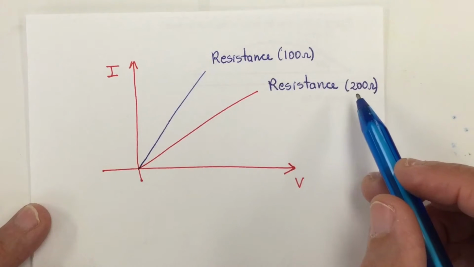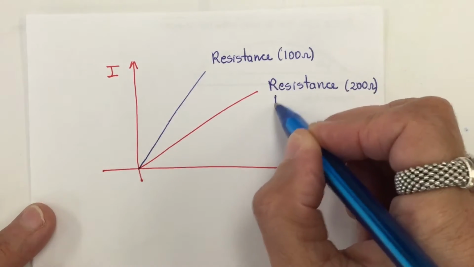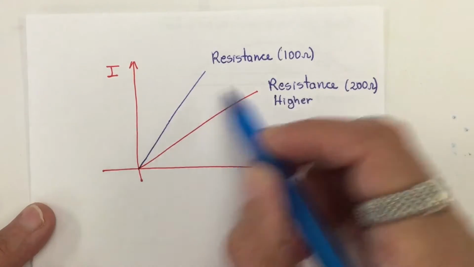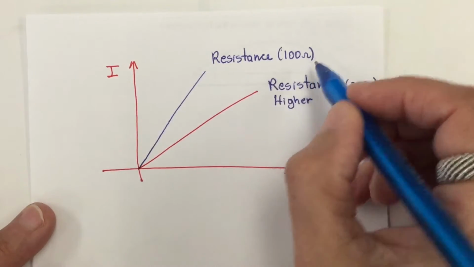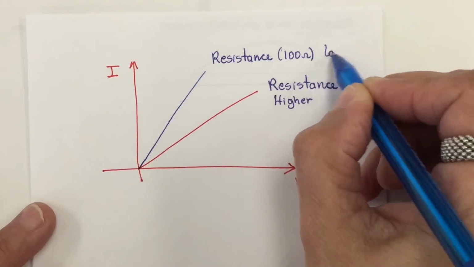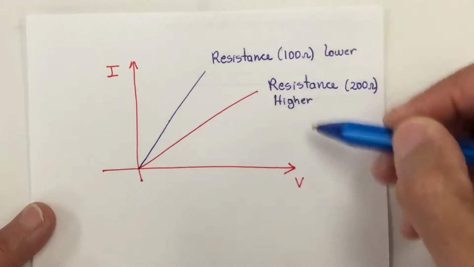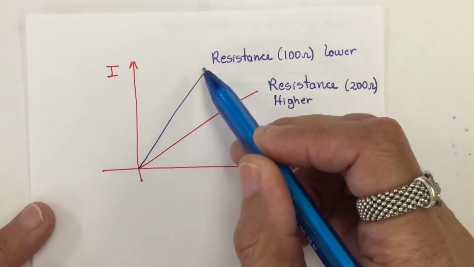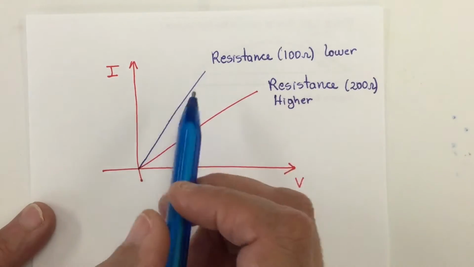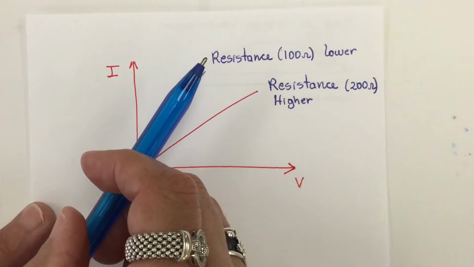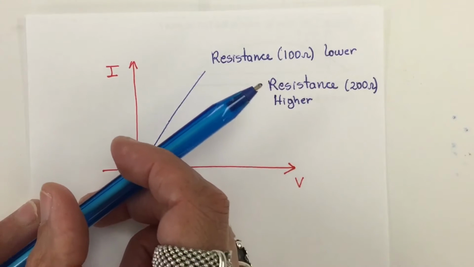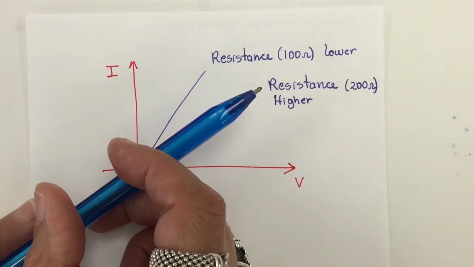The 200 is higher, and the 100 is a lower resistance. The graph line is steeper when the resistance is lower, and less steep when the resistance is higher.